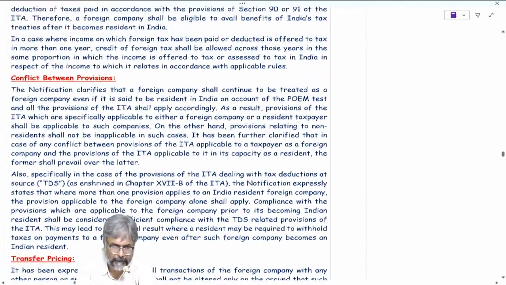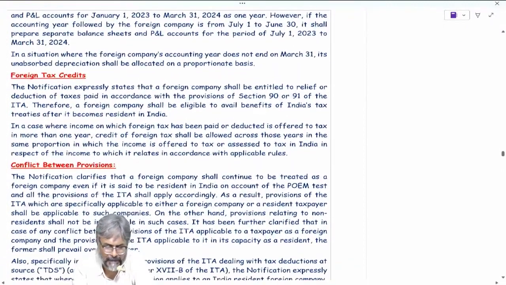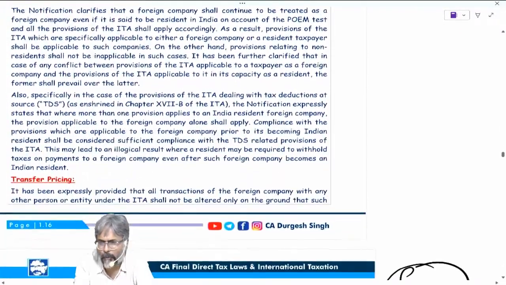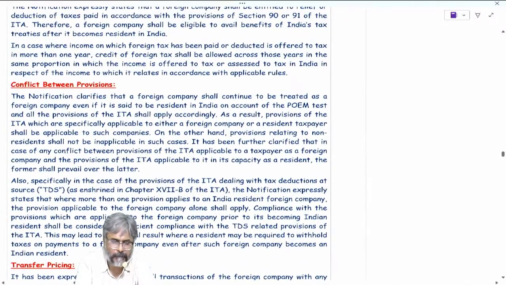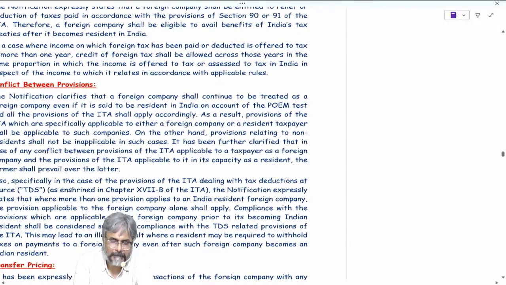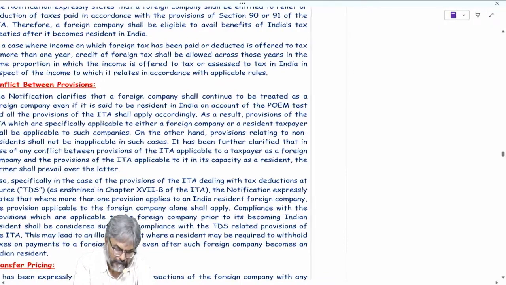Okay, now students, this is an important one. Rest foreign tax credit and transfer pricing, these 2 points you will come to know later on. Let's focus only on this part of the conflict between the provisions. Now students, many of you may be aware of the fact, just an example.